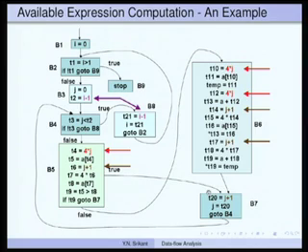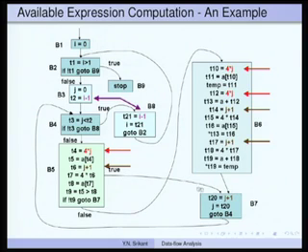Why should it be intersection? The intuition is, suppose there is an expression which reaches along this path. We start here, it gets evaluated and then it reaches this particular point. Now, there are a couple of expressions which may reach this point along this path. Similarly, there are a couple of expressions which go through this path and then reach this point. Which are the expressions which definitely reach this particular point?